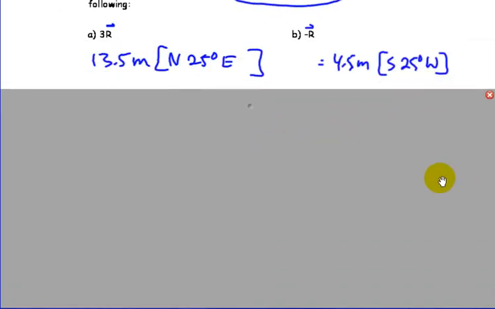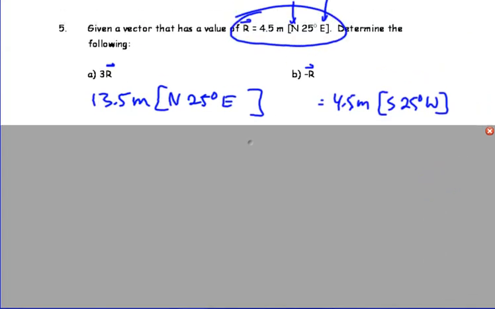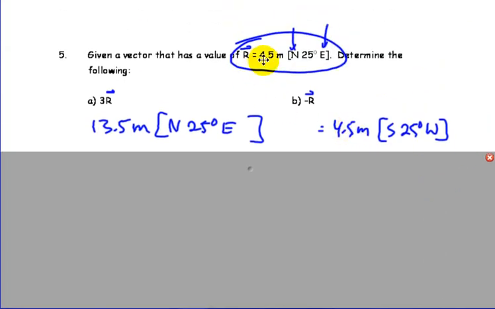Okay, if you had time to do that, so 3 times r, 3r, if r is that, you simply multiply by 3, 13.5, direction stays the same. Negative r, the magnitude doesn't change because we're multiplying by 1, but the direction is opposite. The opposite of north, south. The opposite of east, west.